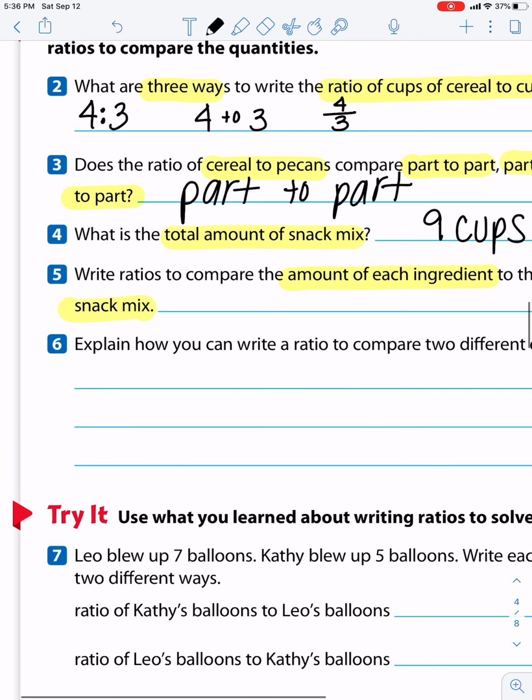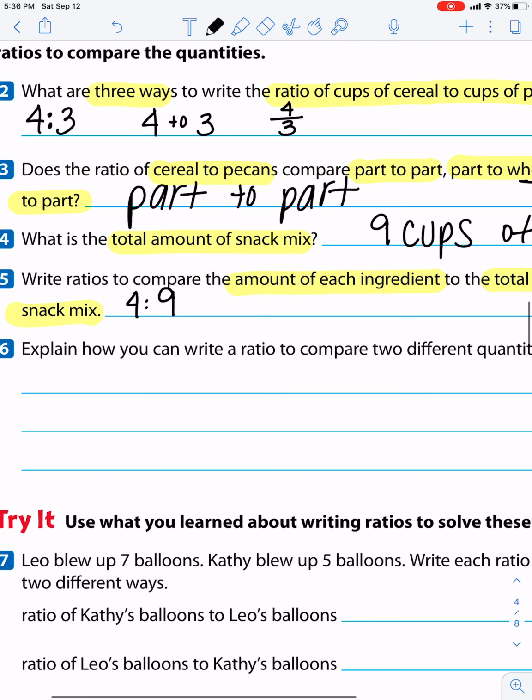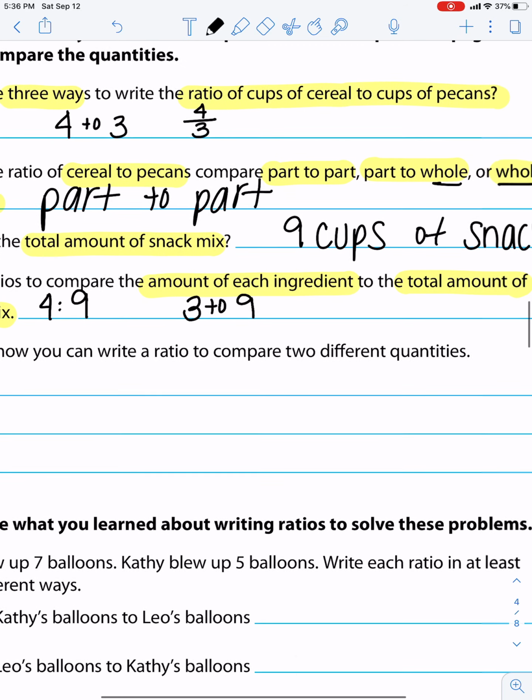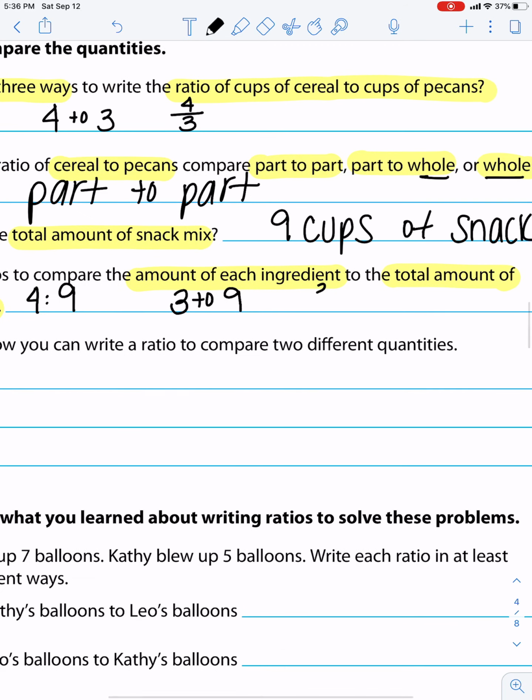So we've got 4 cups of cereal to 9 cups total. We used a colon. Okay. We have 3 cups of pecans to 9 cups total. And finally, we have 2 cups of those raisins to 9 cups total.